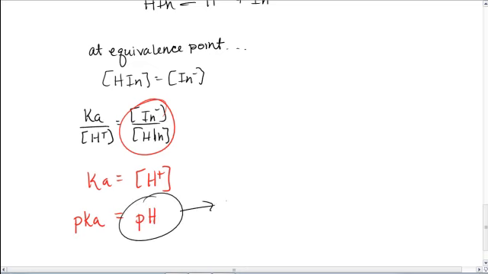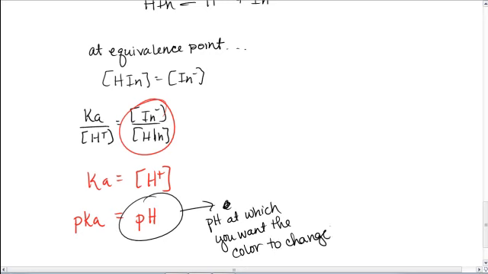This pH is the pH at which you want the color to change. So when you're picking an indicator, if the equivalence point is going to happen at a pH of 3, then you're going to choose an indicator that has a pKa of around 3, or a Ka of 1 times 10 to the minus 3.